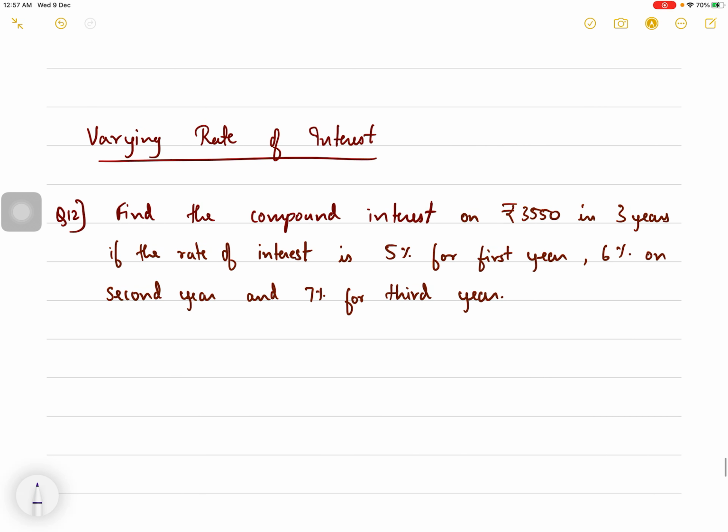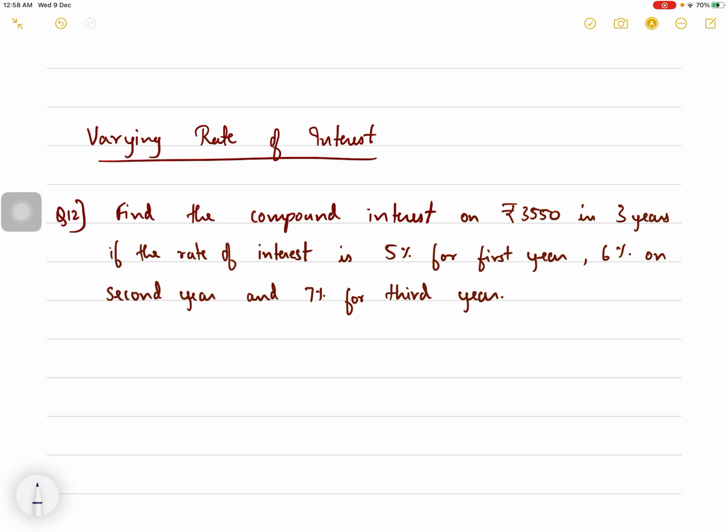Let's solve the next problem. Varying rate of interest. So when interest is varying, in that case, the formula, there is a slight change.